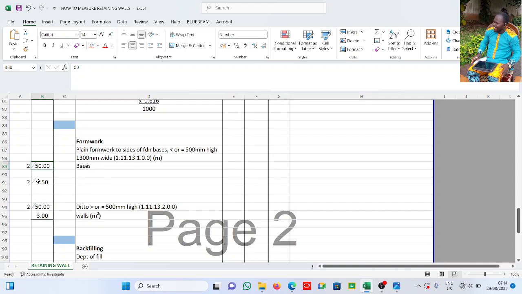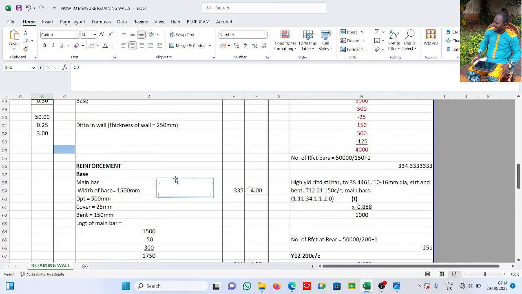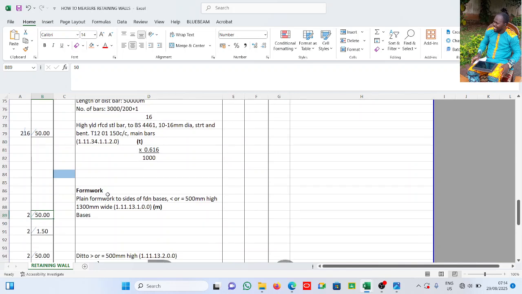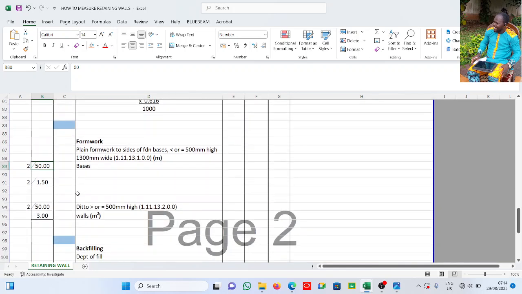Now, let me show something. This is the 1.5 part. Of course, this is another part where I need to put formwork. I've done it here, going through the length, 50 meters, then the 1.5 by 2 part also, 1.5 meter by 2.